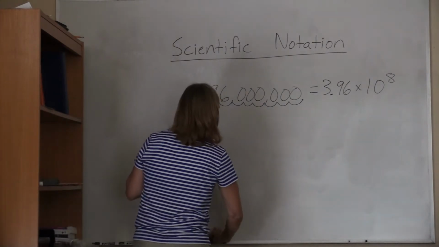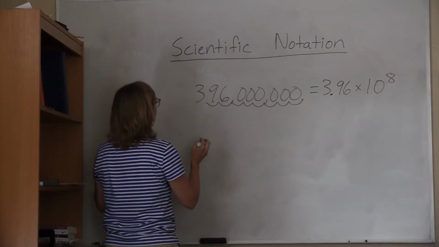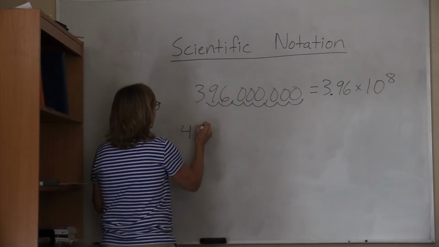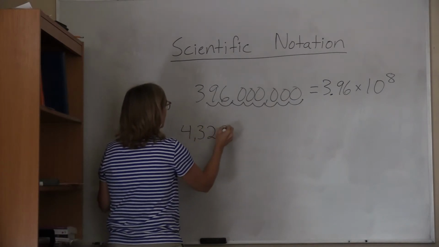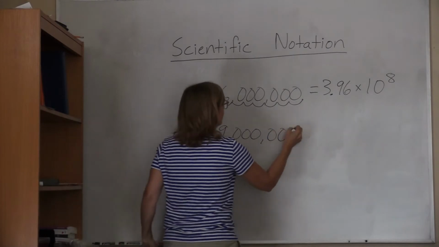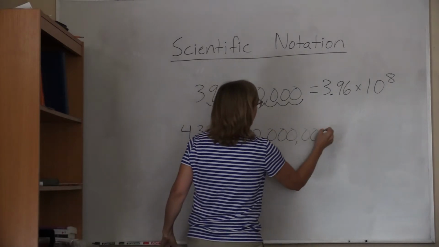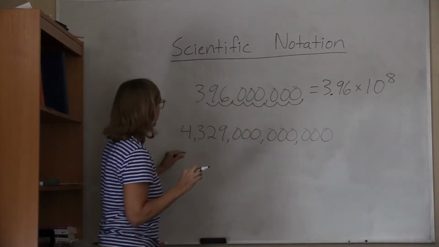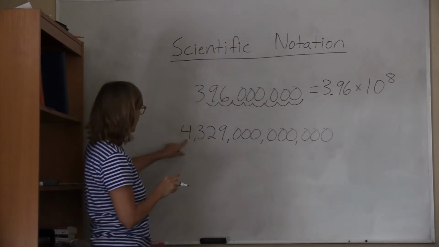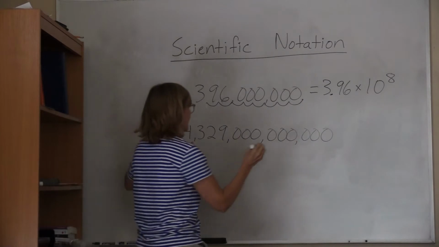But if I was trying to deal with something huge, like, let's go even bigger than this. Let's say something that. I won't even try and pronounce it, right? Well, where's my decimal going to go? I want one digit to the left, so it's going to go after the 4, correct? Yes.